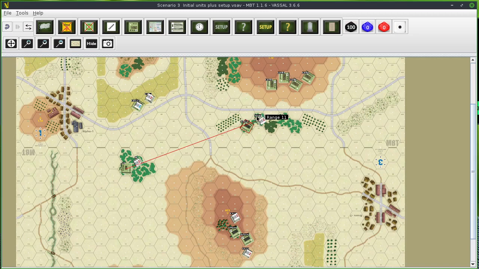Oh, I guess I could move them then right here. Okay. I can move them right there. Oh yeah, I can move the Bradley right with them too. Okay, I'll do that.